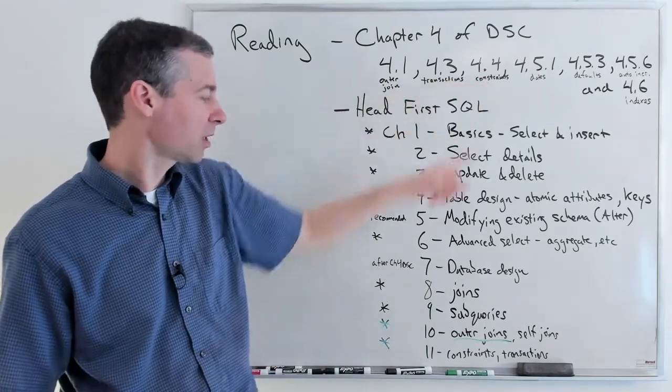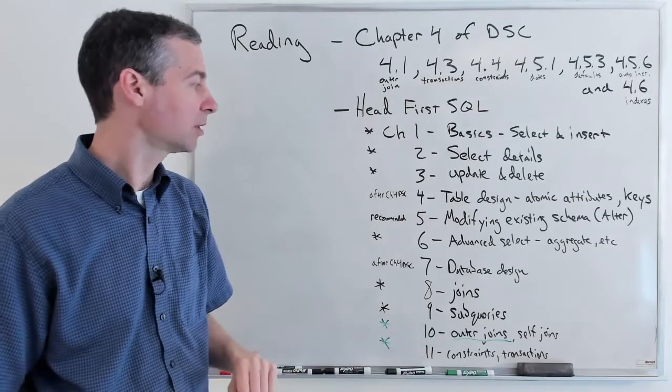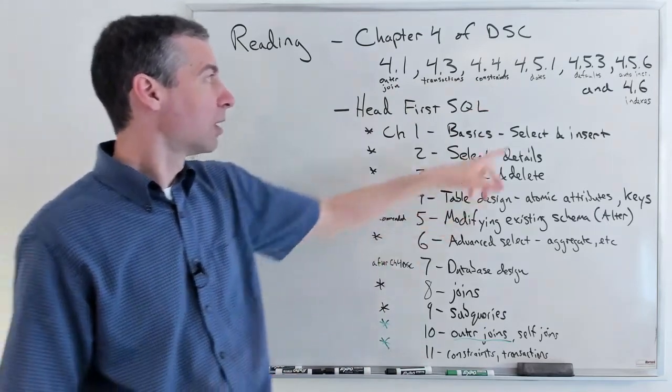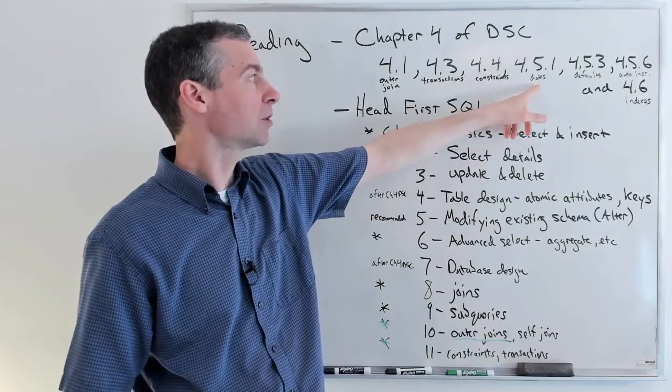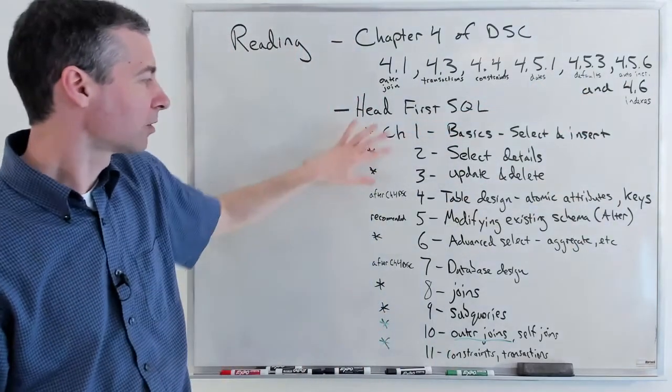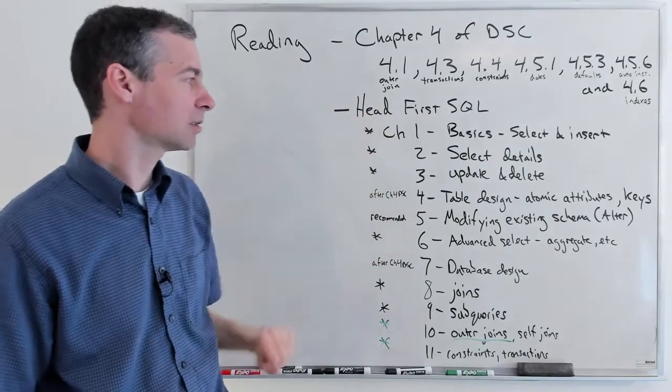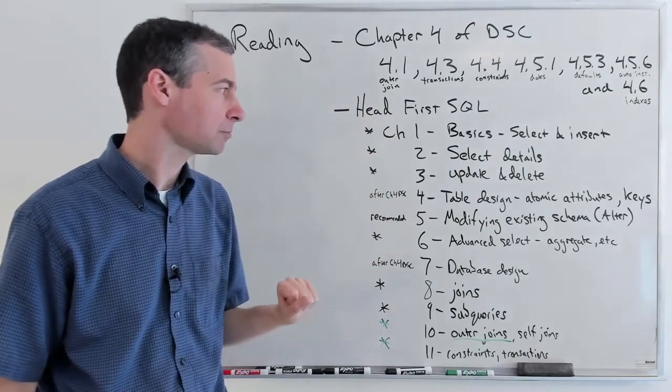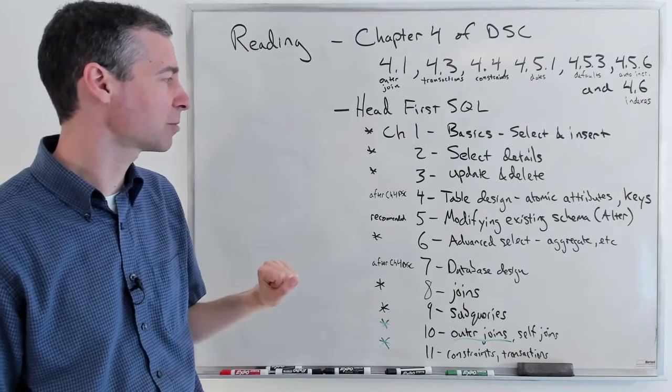We'll talk about constraints. That's part of chapter 11 in Headfirst SQL. I'll talk very briefly about dates, defaults, and auto increment. Those are topics that are scattered in various chapters.